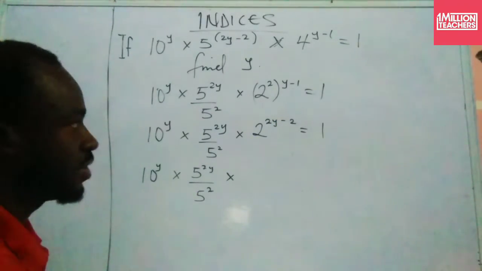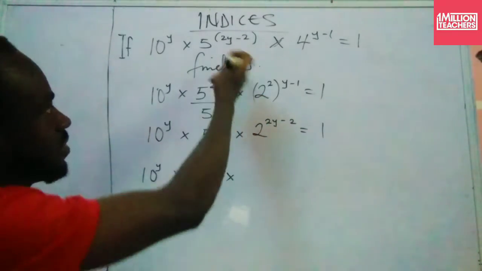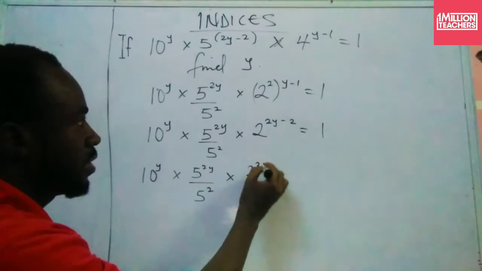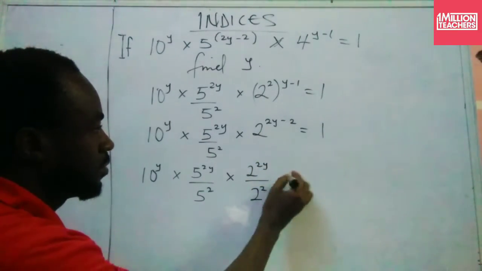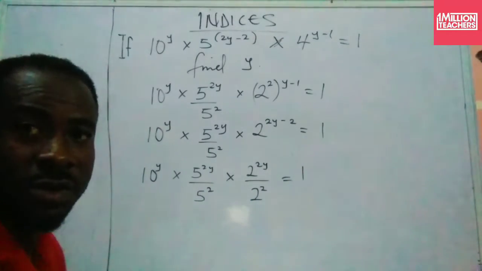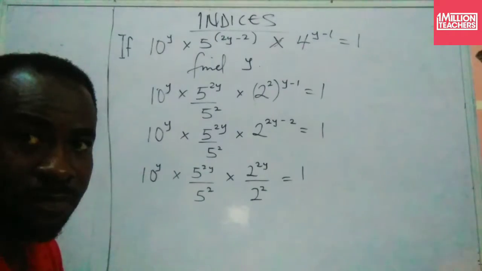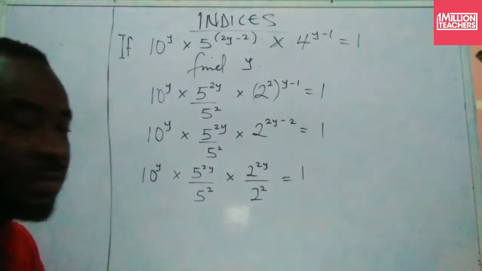I'm going to do this one just exactly the way I did this here. I'm going to write it as 2 raised to the power of 2y all over 2 raised to the power of 2 equal to 1.